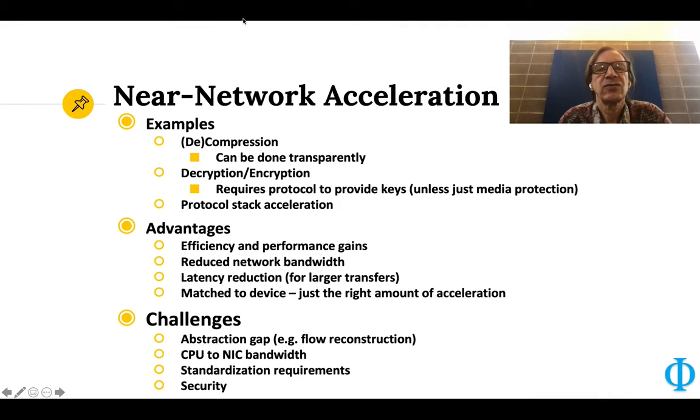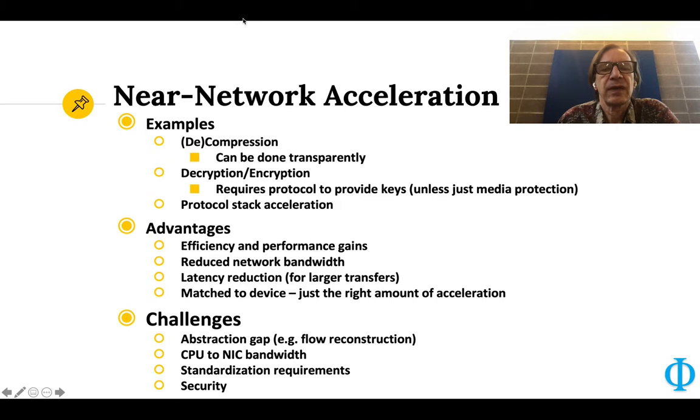So first, let's look at accelerators integrated with the network adapter. Some of the functions that may be done there are activities like compression or decompression, decryption, encryption, and protocol stack acceleration, all the way to running the entire TCP/IP stack on the accelerator.